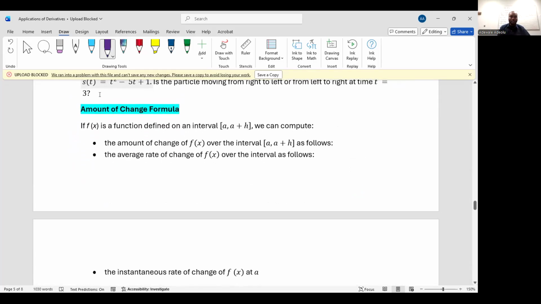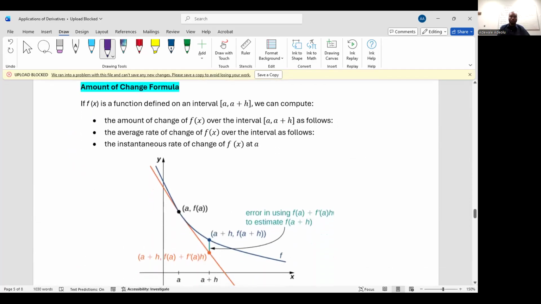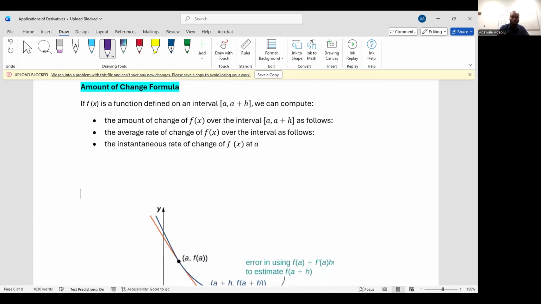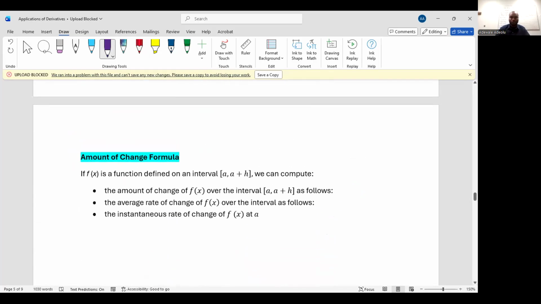All right. Now next up, let us study amount of change. Well, this is similar to what you've seen before in this class. So suppose I have a function like this, and I say this is a plus h, and I ask you to find the net change.